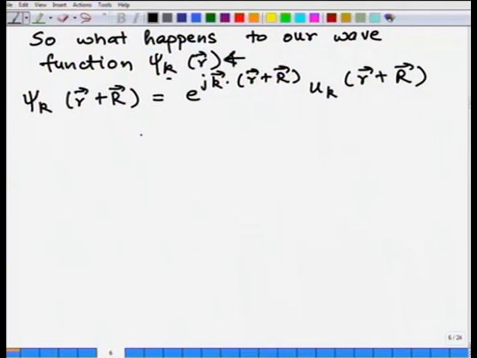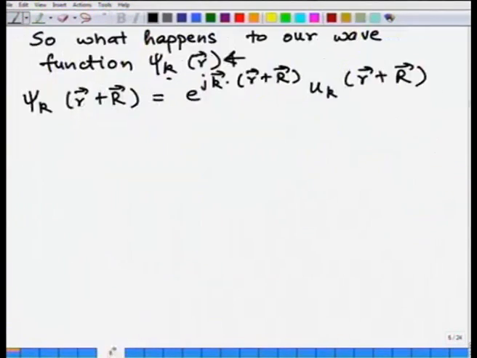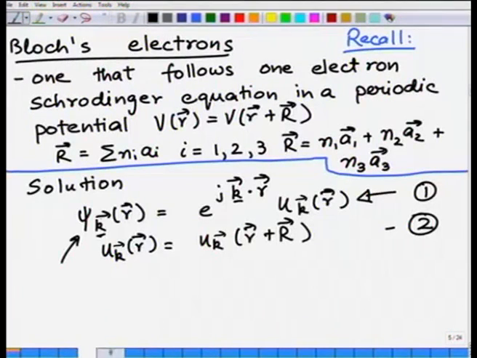So, now what happens? What does that mean? That means maybe we should keep labeling the equations also. Let us call this equation number 1, this equation number 2, and this equation number 3. Now look at equation number 2. Let us just write this down first.